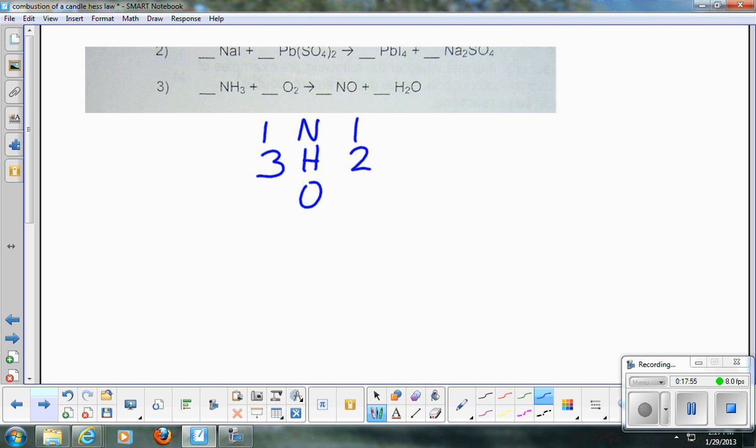This is between 2 and 3. 6. So over here on the left, I'm going to put a 2, and over on the right, I'm going to put a 3. So I get 6 over here and 6 over here, but did I screw something up? Your nitrogen. Nitrogen's now a 2 on the left. So I need to go back and fix it by putting a 2 on the right.